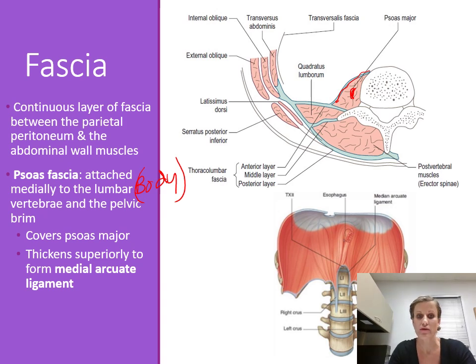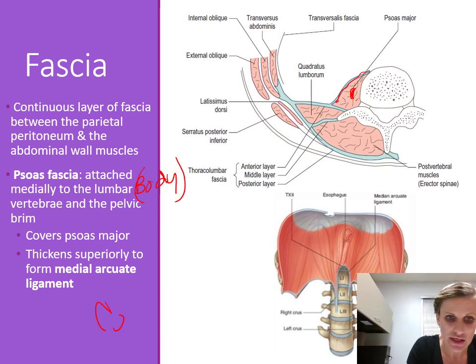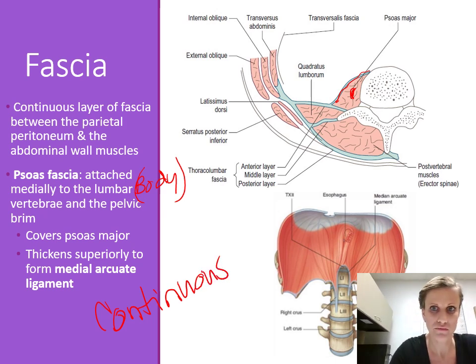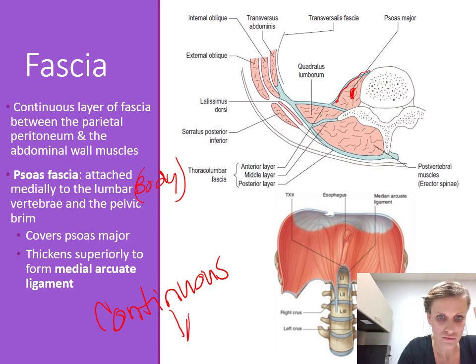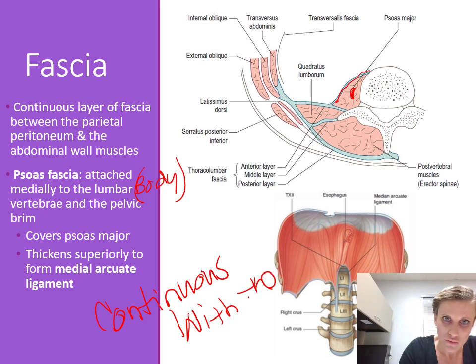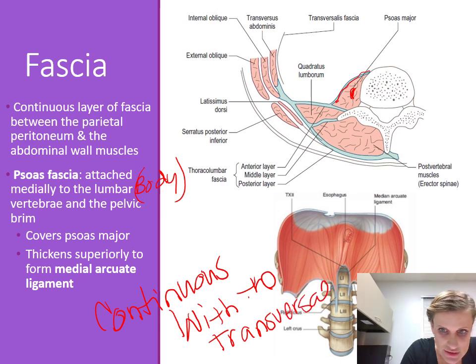Again, it covers the psoas major, and laterally it's continuous with the transversalis fascia.